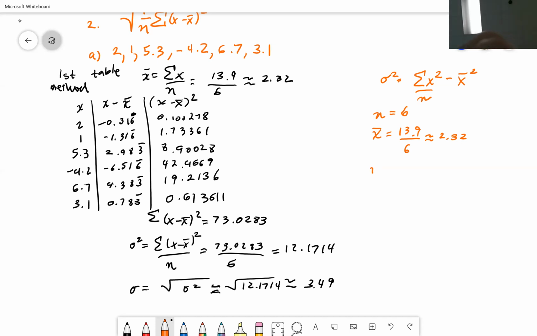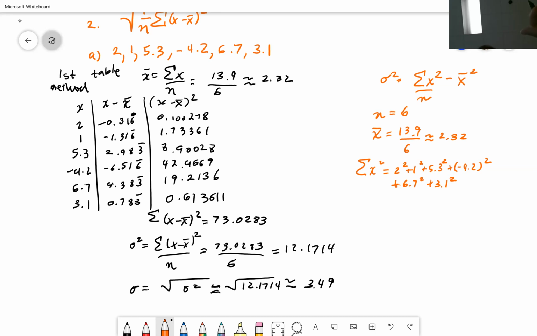And now what we do need is the sum of x squared, which essentially is just 2 squared plus 1 squared plus 5.3 squared plus negative 4.2 squared plus 6.7 squared plus 3.1 squared. So we have to go through the trouble and do that.